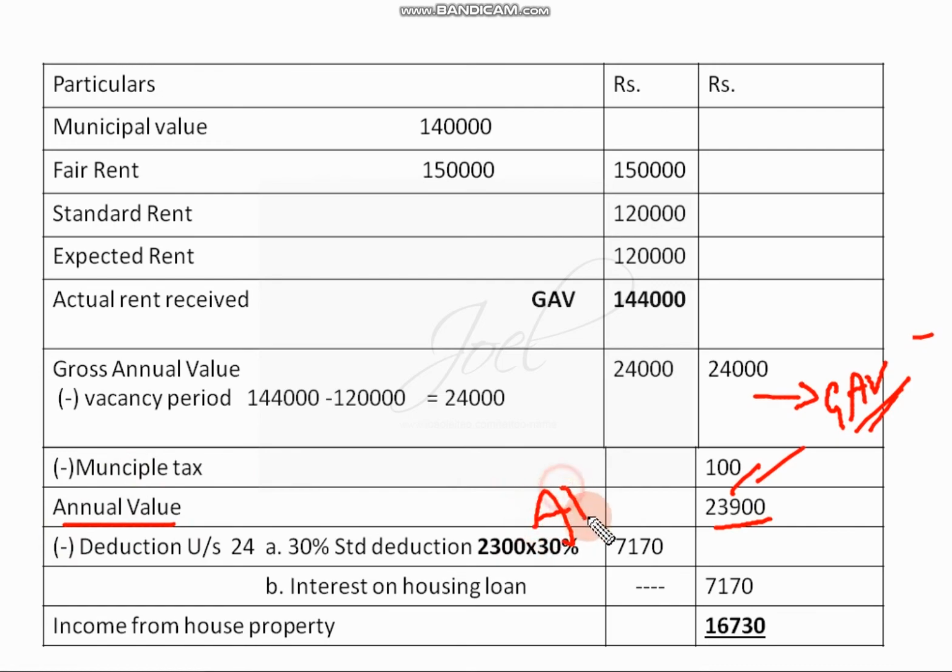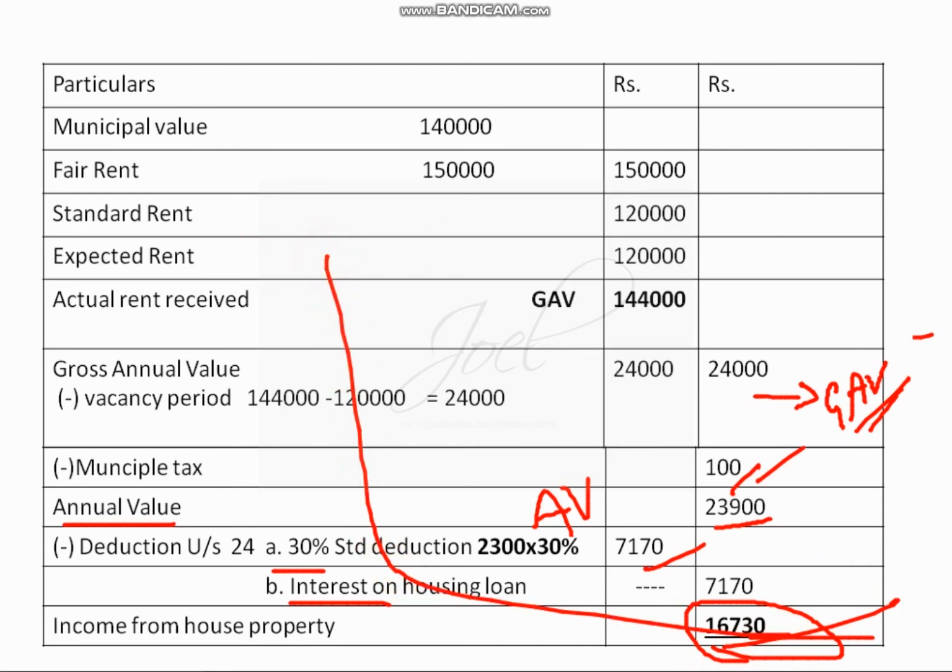From annual value, I have to deduct two deductions, interest on housing loan and the 30% standard deduction. Interest on housing loan is not available in this problem, but the 30% standard deduction we can calculate, 7,170. When you deduct it, we'll get the final answer, that is 16,730. This is what I am supposed to consider as the final solution.